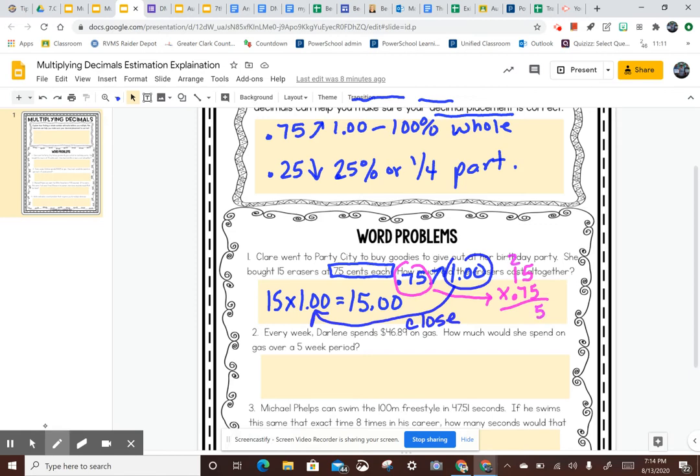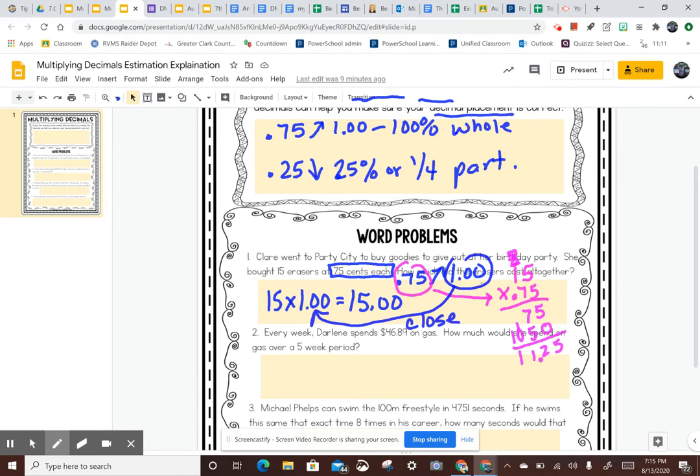Carry the 2. 1 times 5 is 5. Add that. Bring down the 0 for space. 7 times 5 is 35. Carry the 3. 1 times 7 is 7. Add 3. It's 10. So I'm going to continue to add. 7 plus 5 is 12. Carry the 1. So 1125.